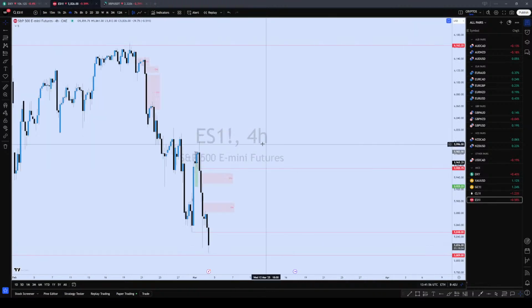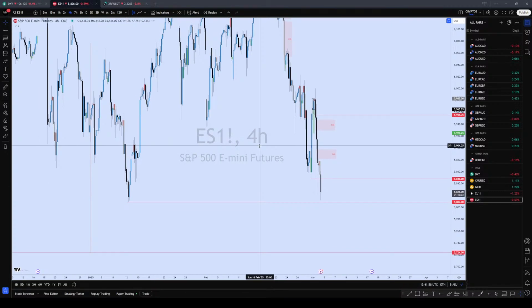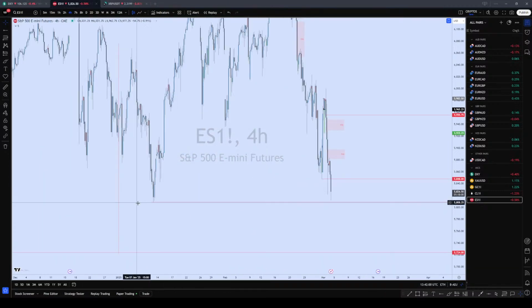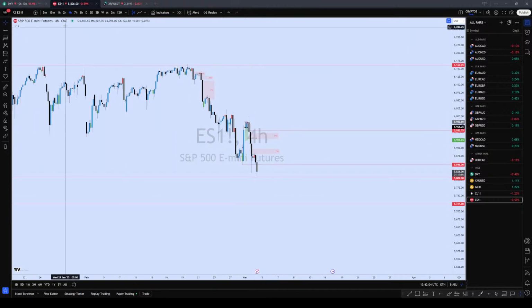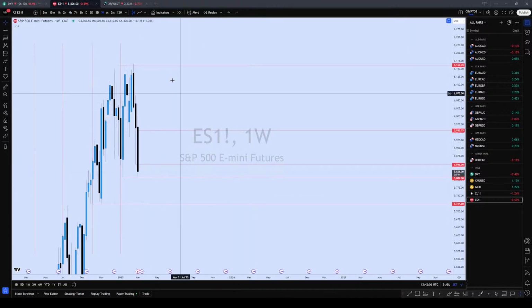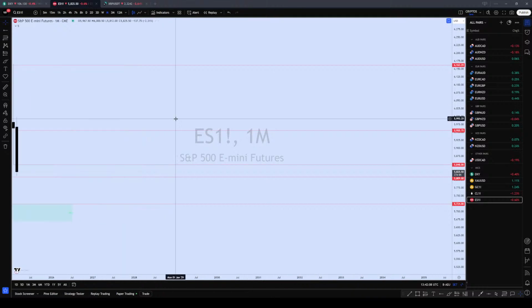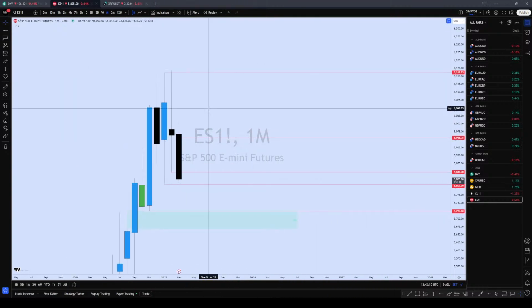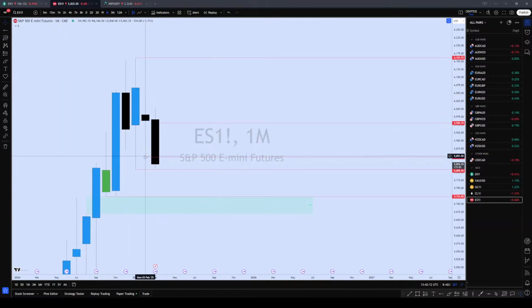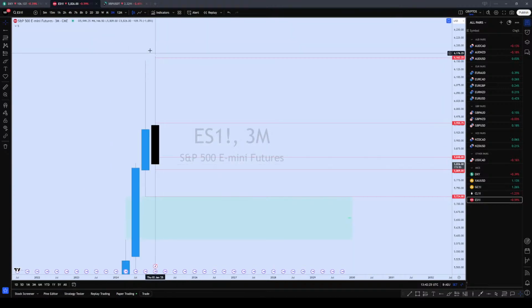And then finally ES. So ES is coming for the low. I think let's go to the monthly first. So they took out a previous month high, previous month low taken, and if they come for this low, definitely that one will also be taken from the 3 months perspective.